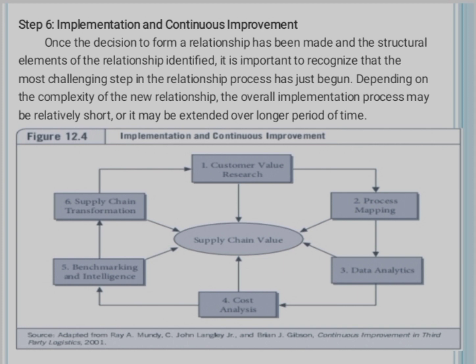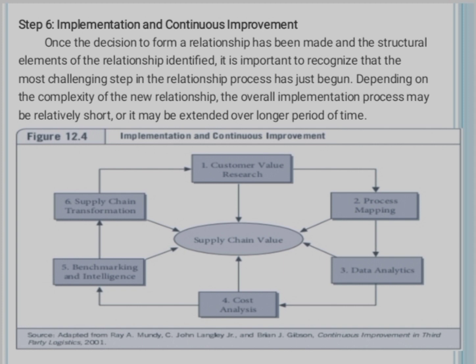The process begins with customer value research, which involves understanding the needs and expectations of the customer. This is followed by process mapping, which helps to identify the key activities and processes that will be involved in the relationship. Next is data analytics.